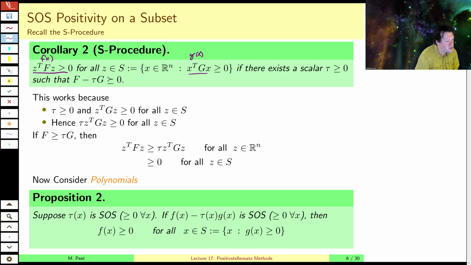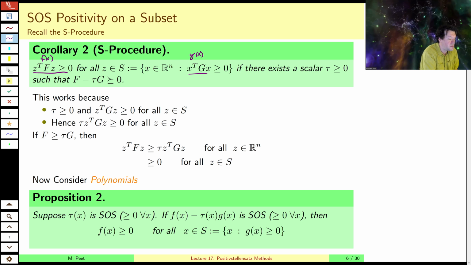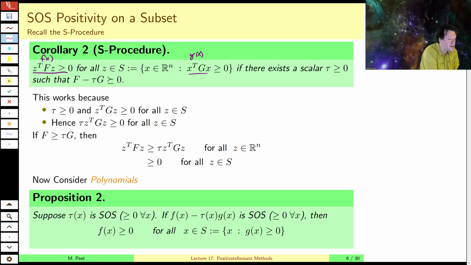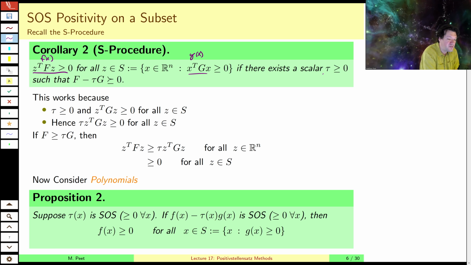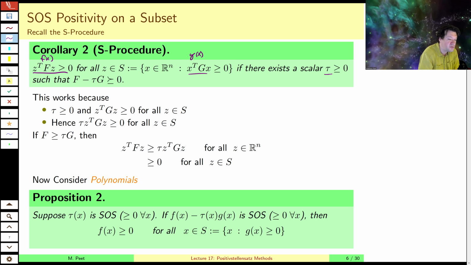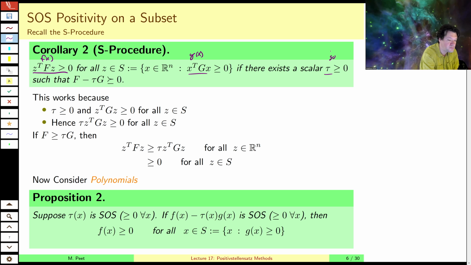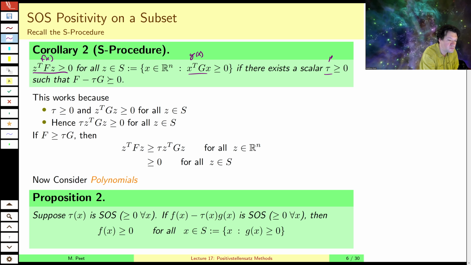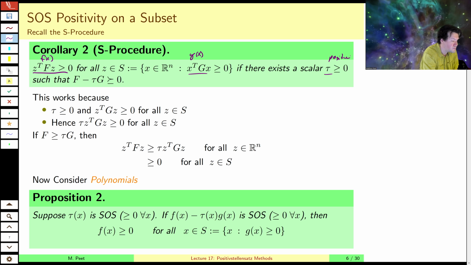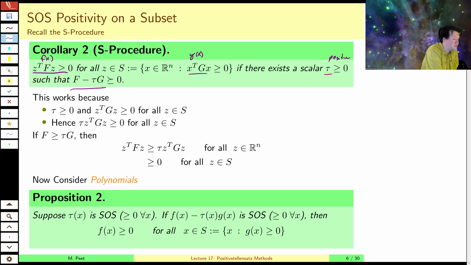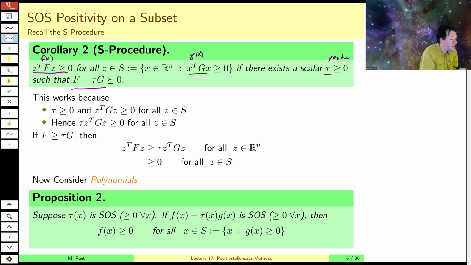So the theorem states that f is positive on the set if and only if there exists a scalar tau greater than or equal to 0, a positive scalar, such that f minus tau g is greater than or equal to 0.